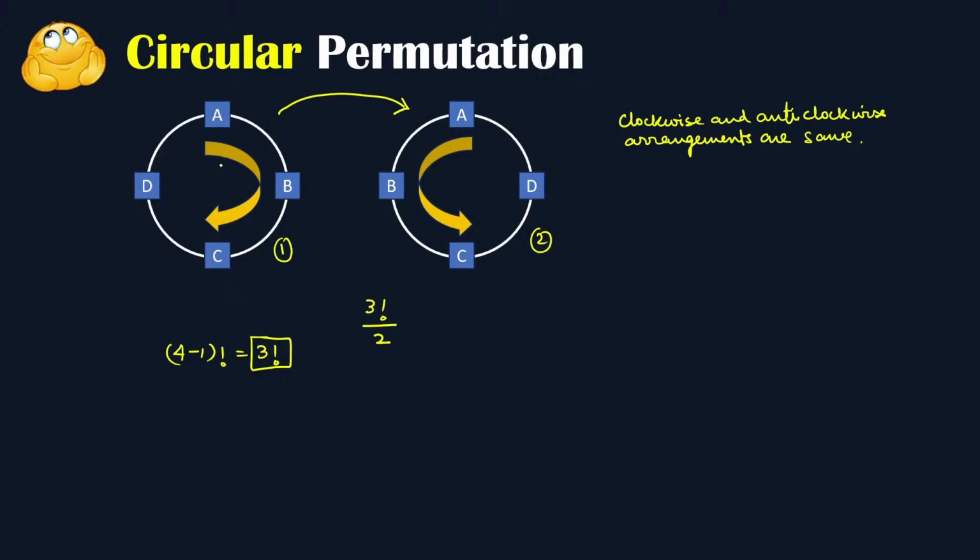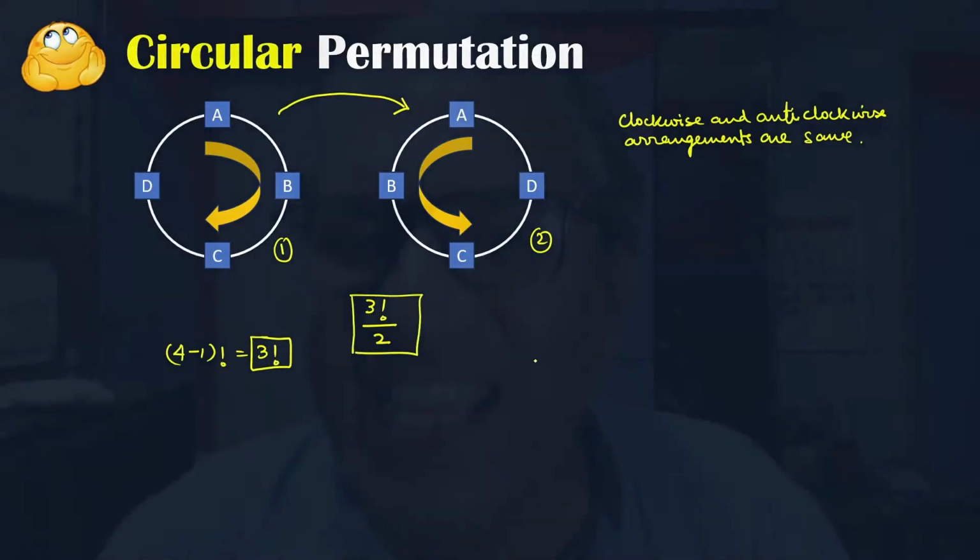Because for every clockwise arrangement, there is always an anti-clockwise arrangement, which in this case are same. Therefore, the total number of distinct arrangements that can happen is factorial 3 divided by 2. That's it. Is it clear to all?